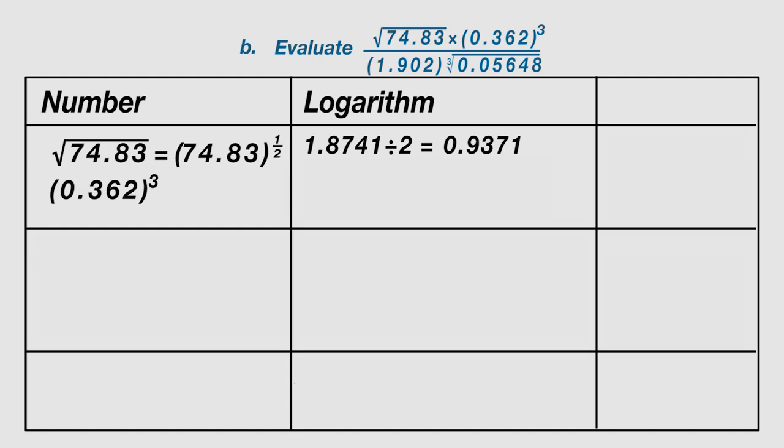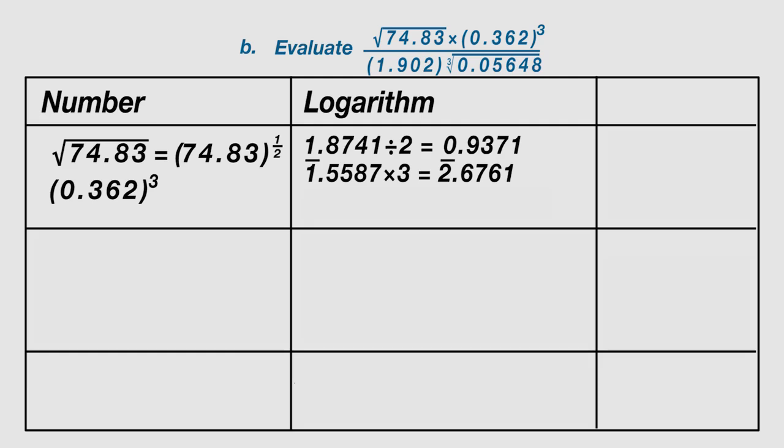Now the second number in the numerator is 0.362 raised to the power 3. This time we'll read the log of the number and multiply by 3. And so we are going to have 1.5587 times 3. Now, this gives us 2.6761.